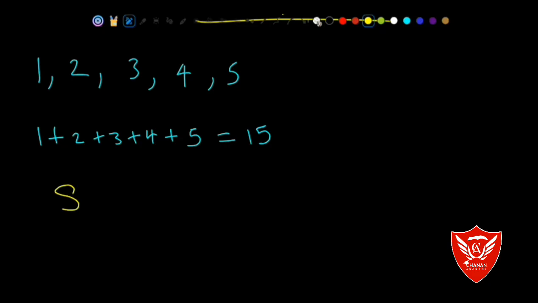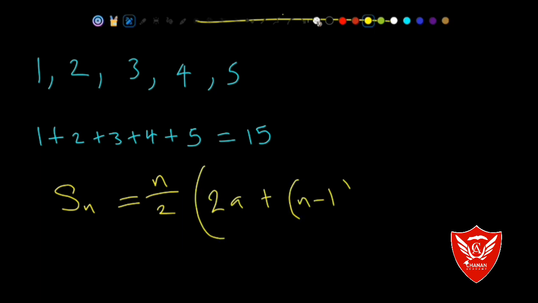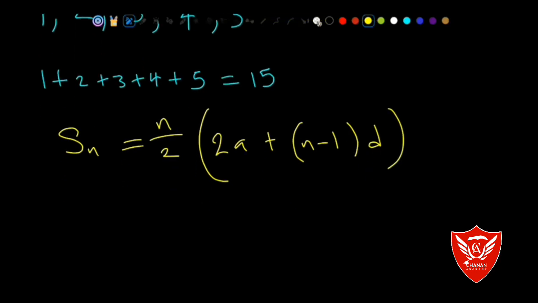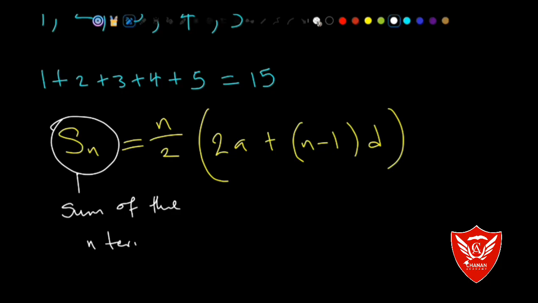It is given as Sn equals n over 2 brackets 2a plus n minus 1 d. Now take note, Sn is known as the sum of the n terms.